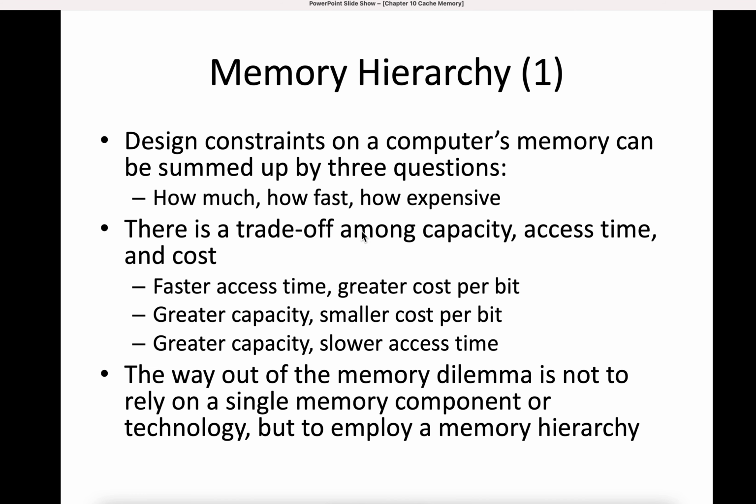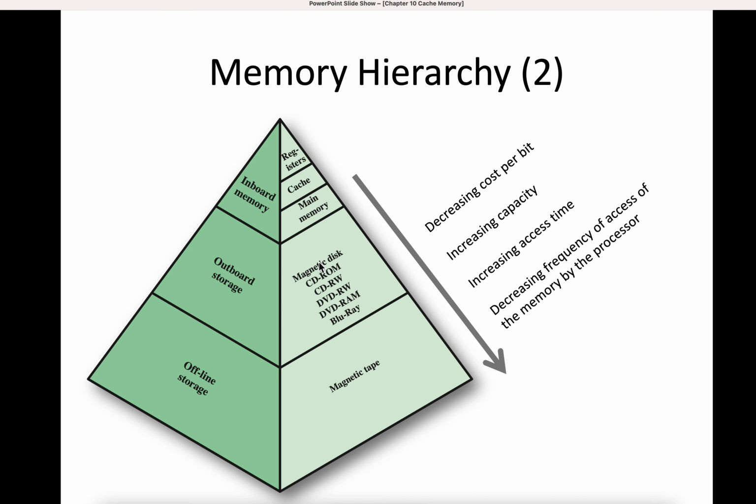So the trade-off between these three characteristics can be shown in a memory hierarchy. The highest part in the hierarchy is the register. The register has the lowest access time, but also it has the lowest capacity, and it has the highest cost per bit.